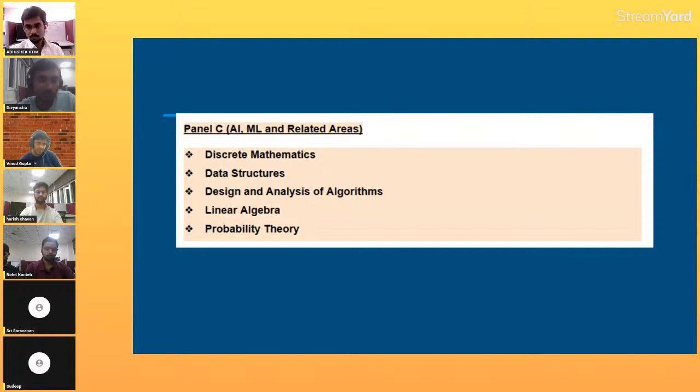Linear algebra is one of the subjects that you have to prepare diligently if you are trying to crack panel C. For linear algebra, I'll suggest going through the GATE notes of linear algebra. Along with the notes, you have to prepare from the videos of Gilbert Strang, and probability theory as well. For most of the subjects in AIML, you just have to go beyond your GATE syllabus, not too far beyond, just one step ahead. So back to Vinod.